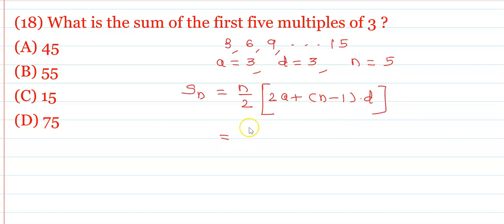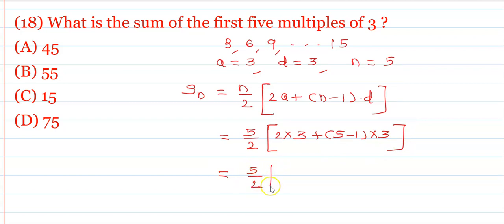Substitute the values. n is 5 by 2, 2 into 3 plus 5 minus 1 into 3. After simplification you will get 5 by 2, 2 into 3 is 6, 5 minus 1 is 4 into 3, and here you will get 5 by 2, 6 plus 12, then you will get 18.